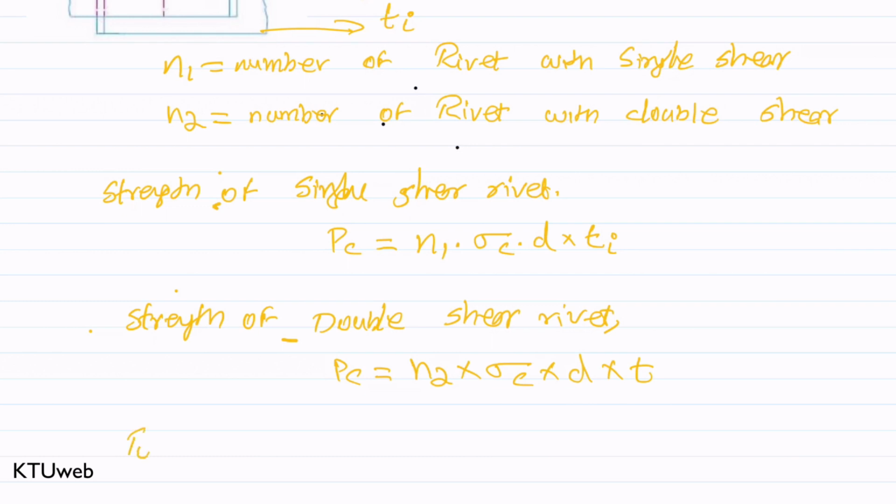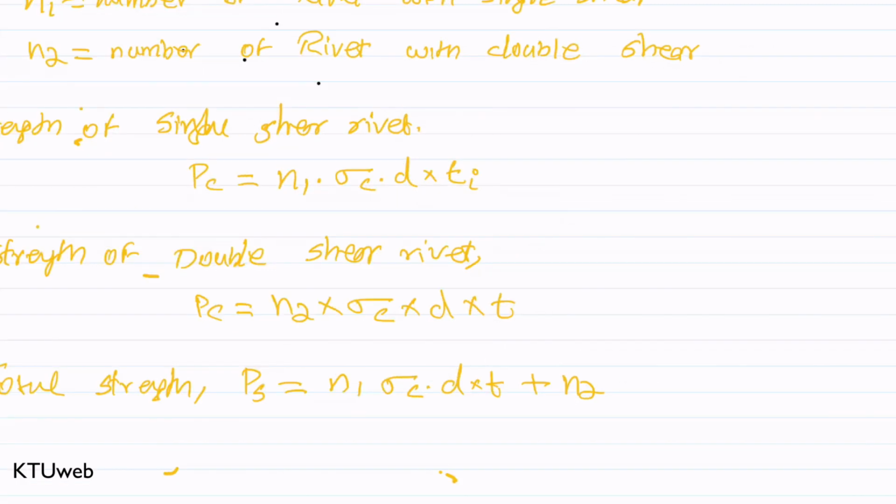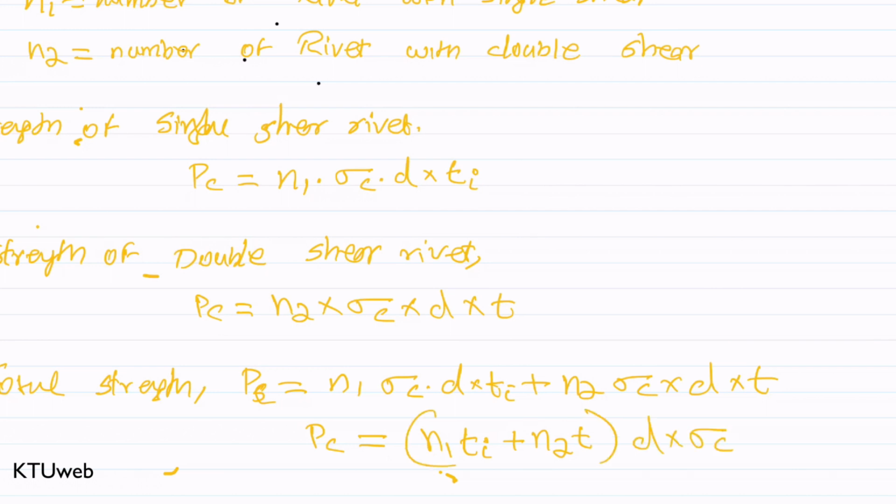So the total strength will be the addition of these two values, N1 sigma C D Ti plus N2 sigma C D T. We can arrange this equation a little bit: sigma C D times N1 Ti of cover plate plus N2 into T of main plate. This will be the expression of crushing strength of any standard rivet.